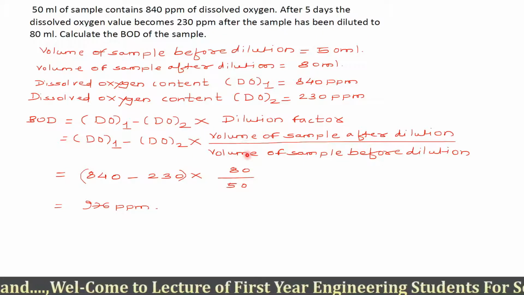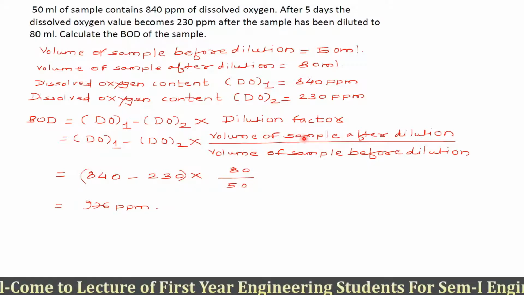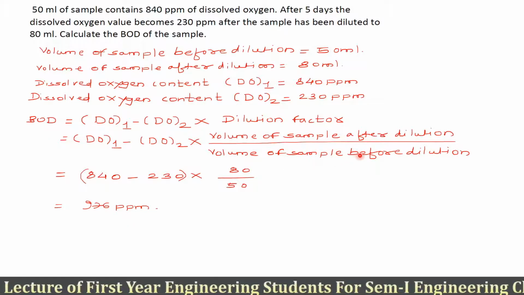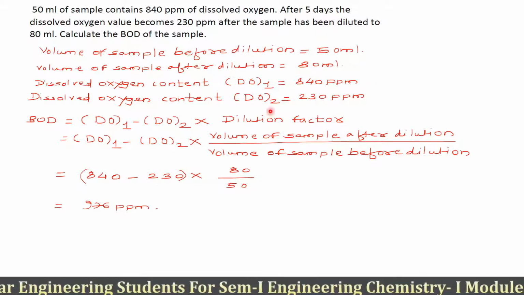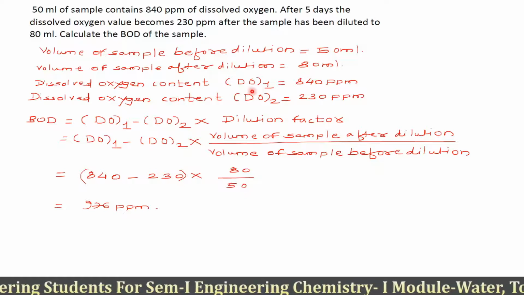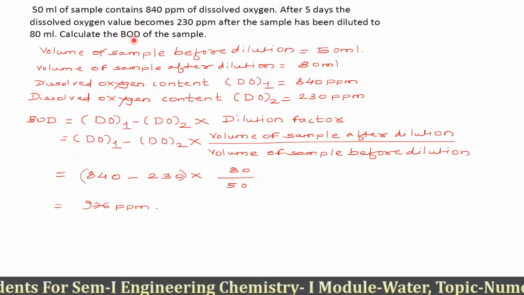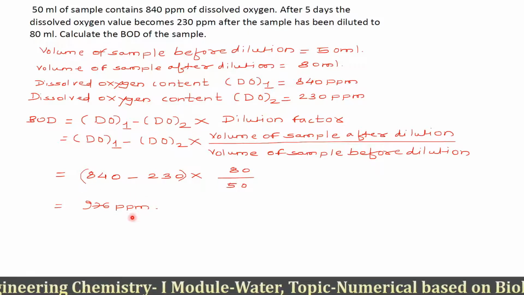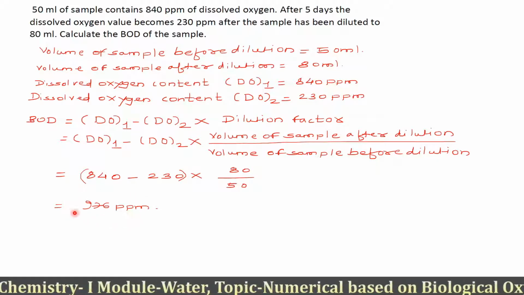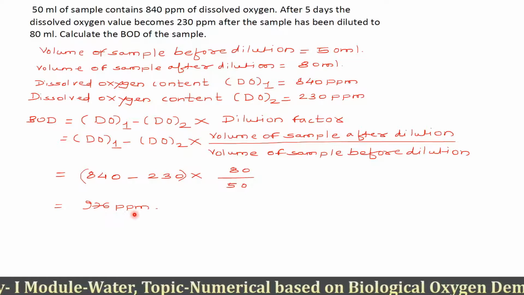Dilution factor is nothing but the volume of sample after dilution upon volume of sample before dilution. By using all these values, we calculate the BOD of the water sample. It becomes 976 parts per million.